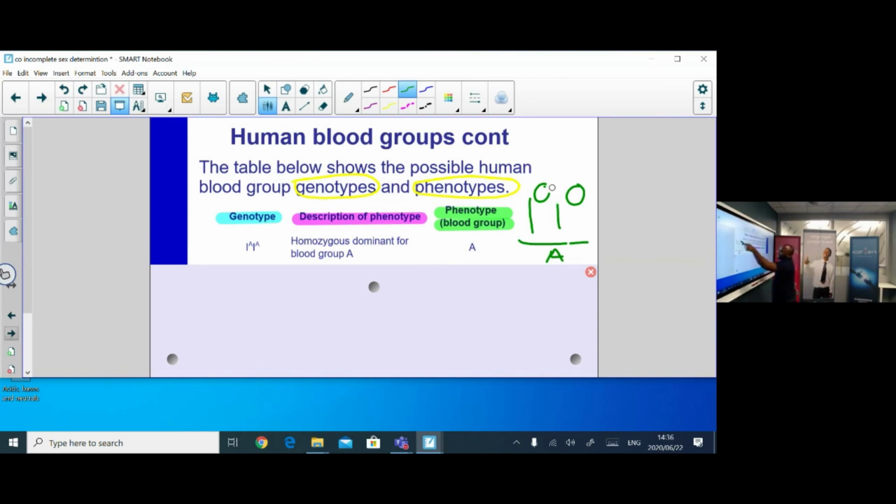However, in some notations, you find out for O, they use i. So if it's O, they write it as i, which means blood group O. Okay. So I want you to be familiar with this notation.